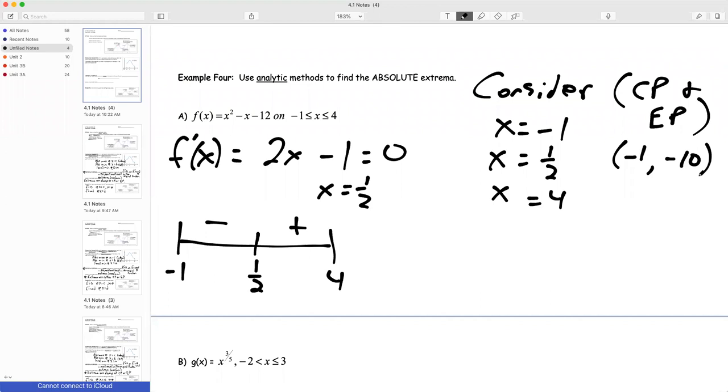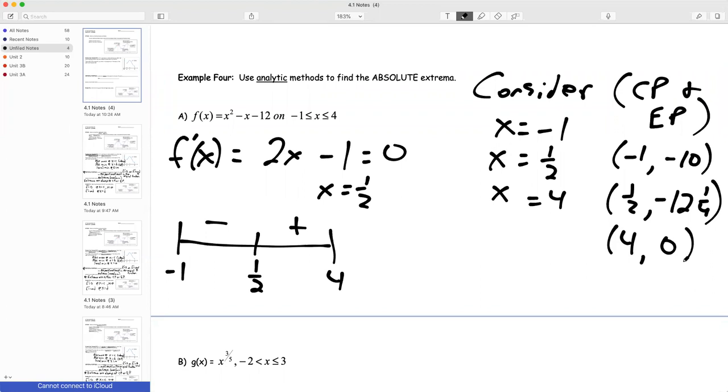And then if I plug in 1/2, I get 1/2 squared, which is 1/4, minus 1/2 minus 12. So that should be -12 and 1/4. And then if I take 4 and plug it in, I'm going to get 16 minus 4 minus 12, which is 0.